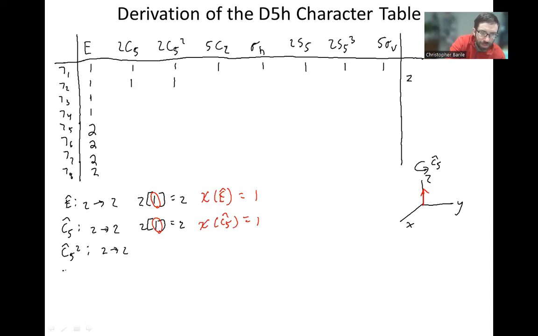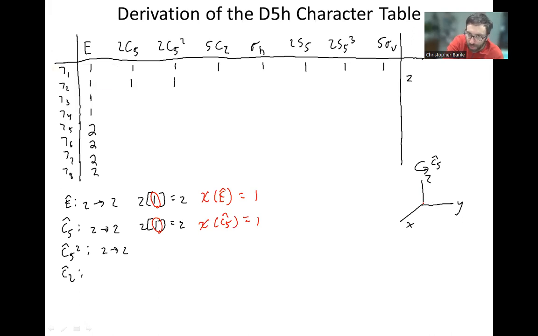Next one are perpendicular C2s. So those are 180-degree rotations. And we can think about which C2 to choose. They're 72 degrees apart from one another. But what we can do to make things simple for ourselves is just define the x-axis as going along the C2.